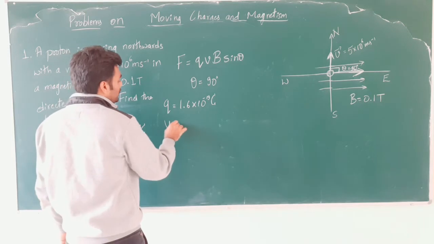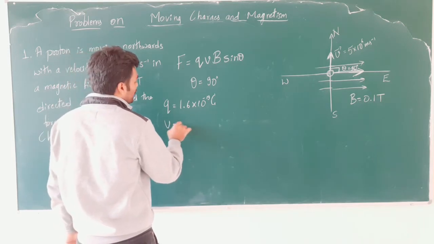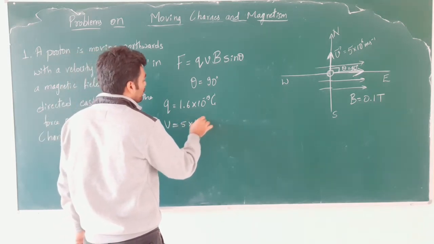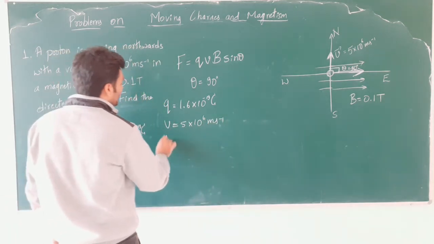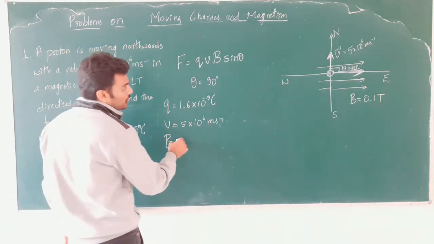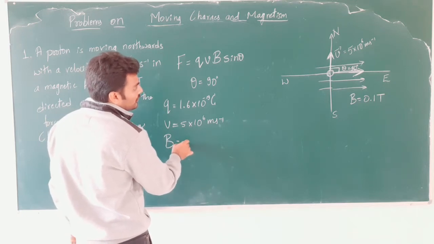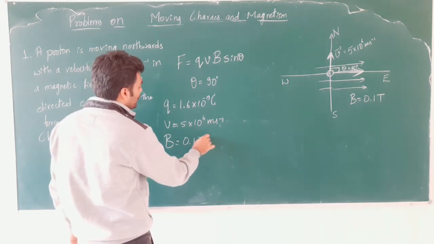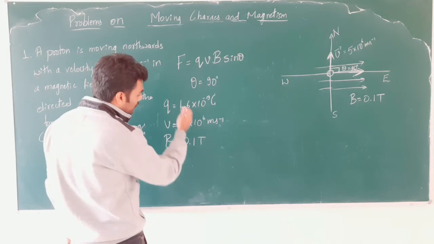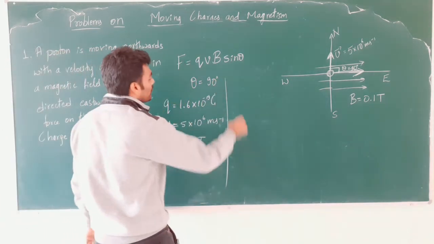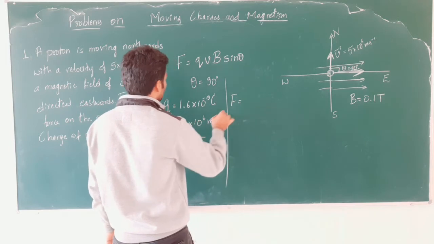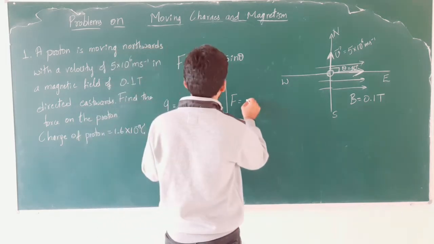The velocity with which it is moving is also given, 5 × 10^6 meter per second, and the magnetic field in which the charge is moving is 0.1 Tesla. We have all the factors required to get the value of force. We can substitute them and get the value of force.